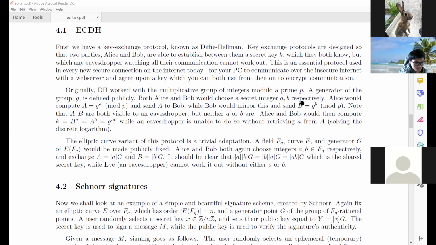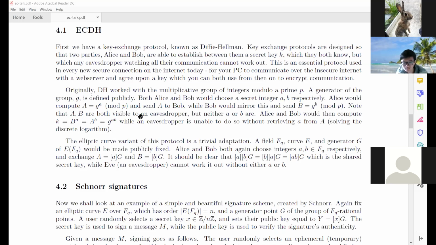Then they would send those big numbers to each other, so they're both visible to the eavesdropper. And then they could each compute the opposite power. Alice will receive the capital B from Bob and raise that to her secret a. Both of them should then be equal to g to the power of ab. So they'll both work out g to the ab, which they can use as their secret key.